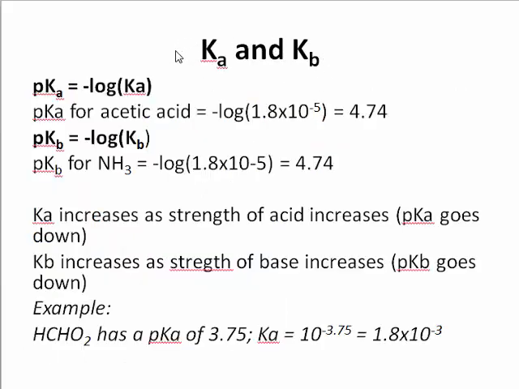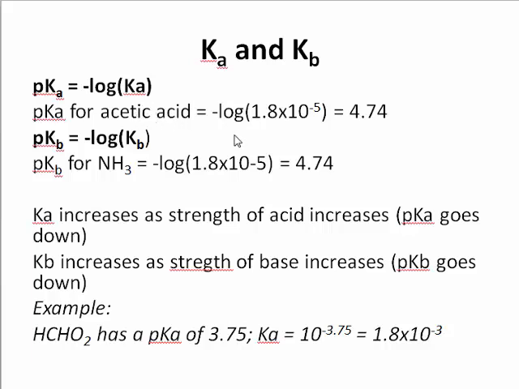So we've seen in this presentation that acid constants are called Ka, and constants for the dissociation of the weak base example we looked at have been called Kb. Analogously to pH or pOH, it is possible to define pKa and pKb as the negative log of Ka or Kb.